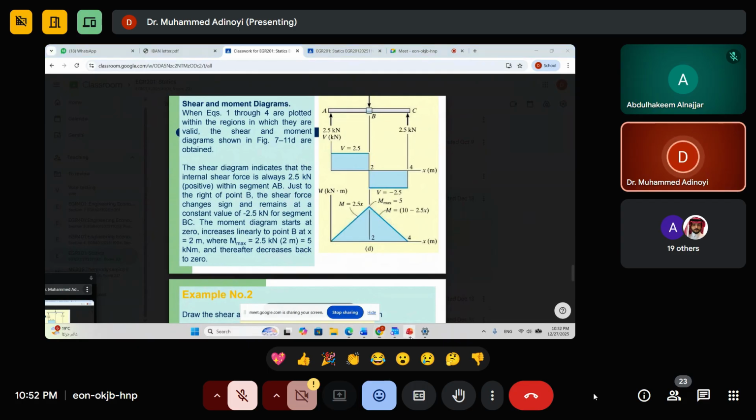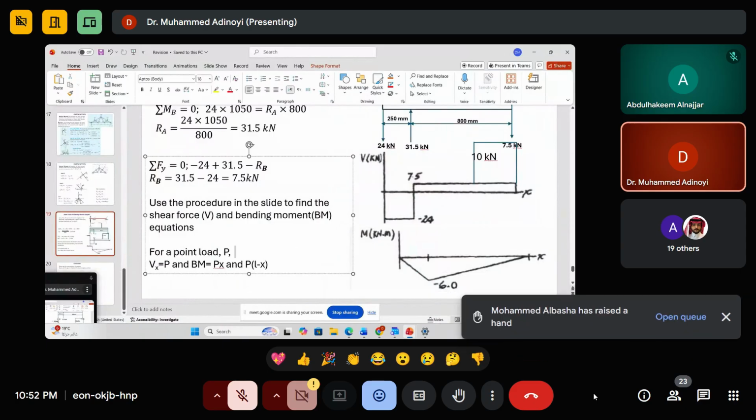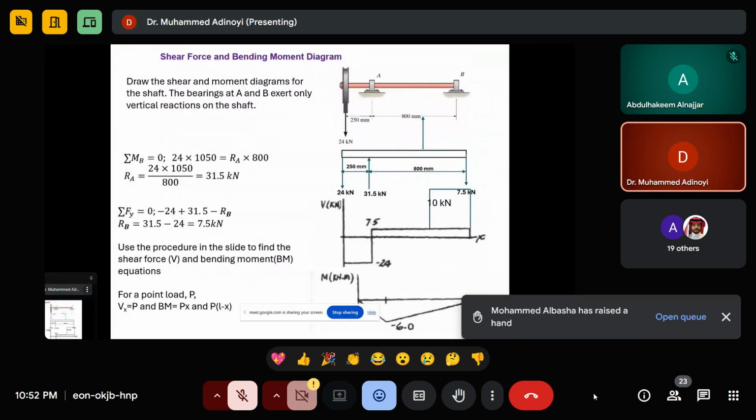I think I have finished. Any question? Doctor, about the final exam, how many questions will there be? Five. Is one of them theory, or are the five calculation? Five calculation, then one knowledge question.